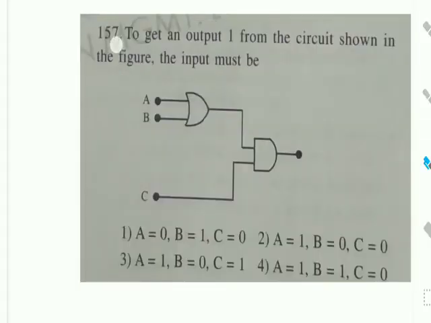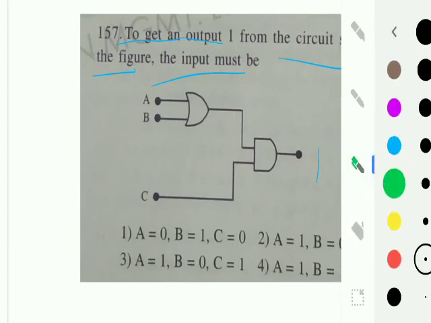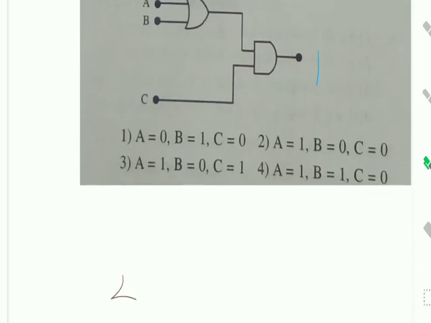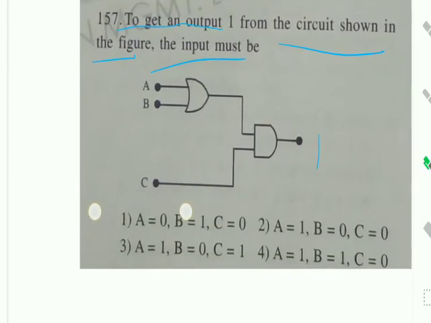To get an output 1 from the circuit shown in the figure, the output must be... Here asking to get an output 1 required. So he given a value, b value, c value also. Substitute this in the above diagram.